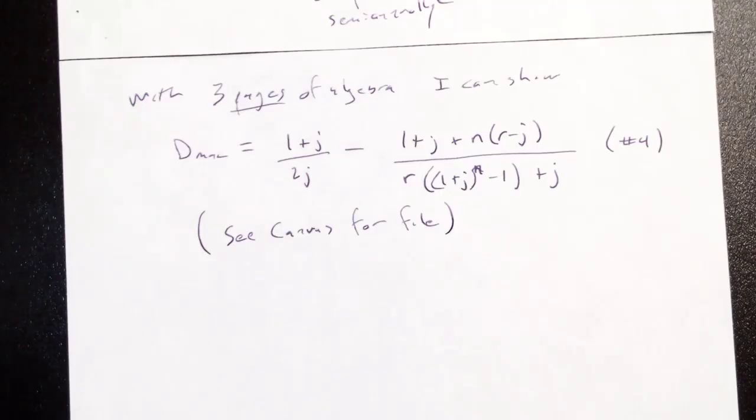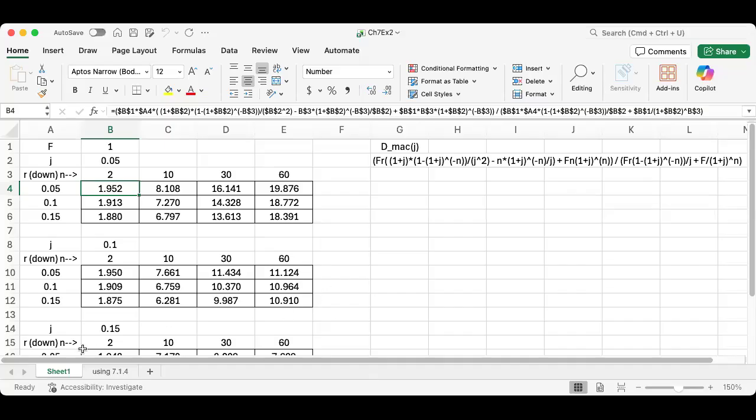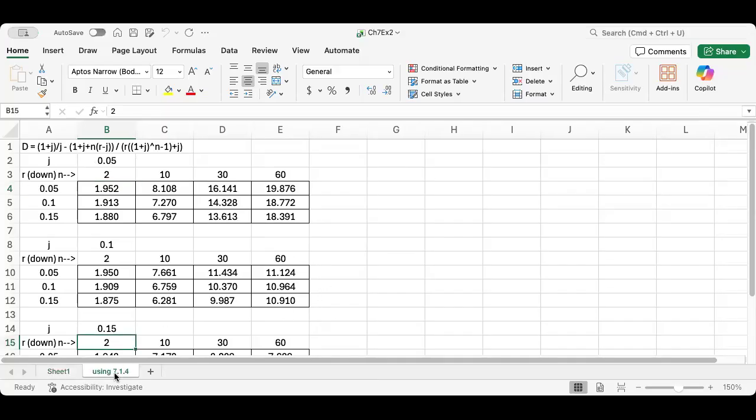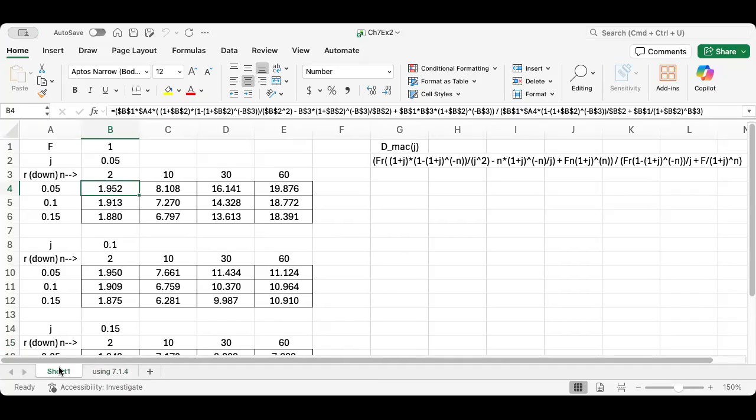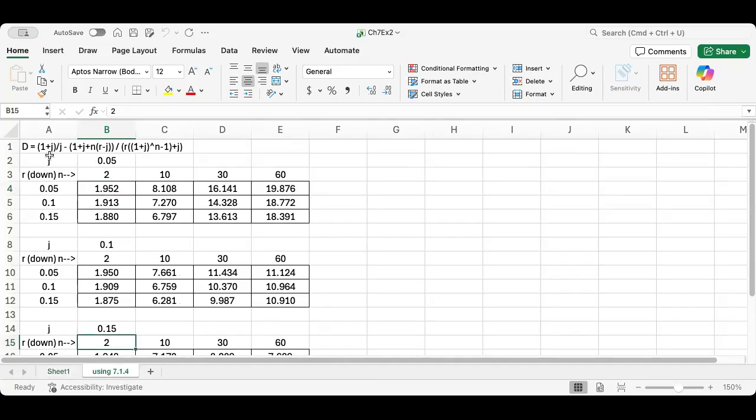I redid the Excel table here with that formula. And when I go through and do it again with the formula, I get exactly the same numbers. There's no difference between the numbers I get here and the numbers I get here using this other version of the duration.